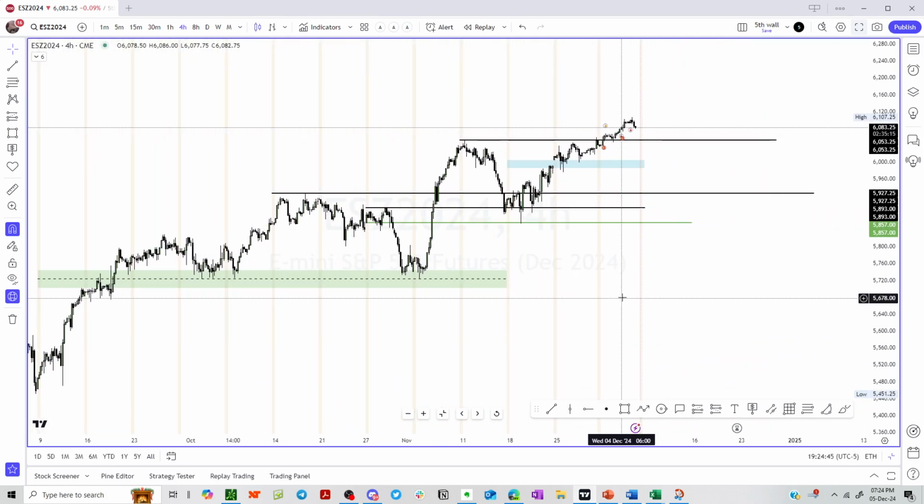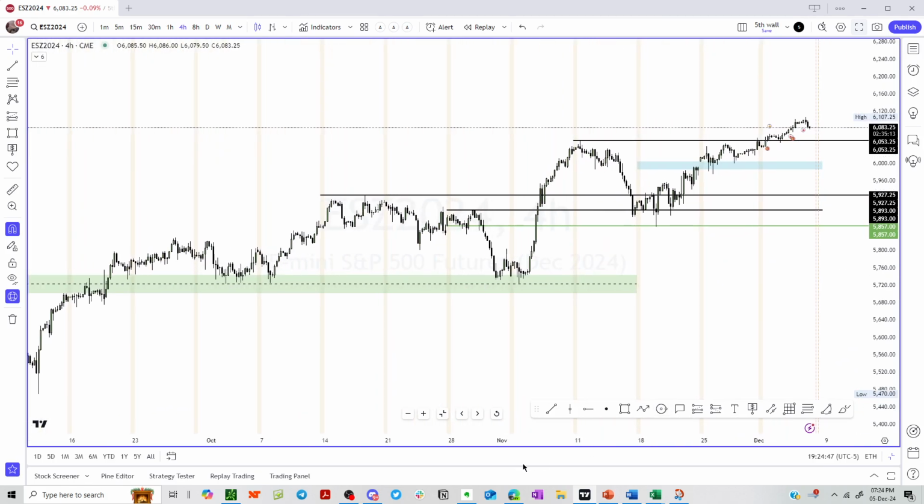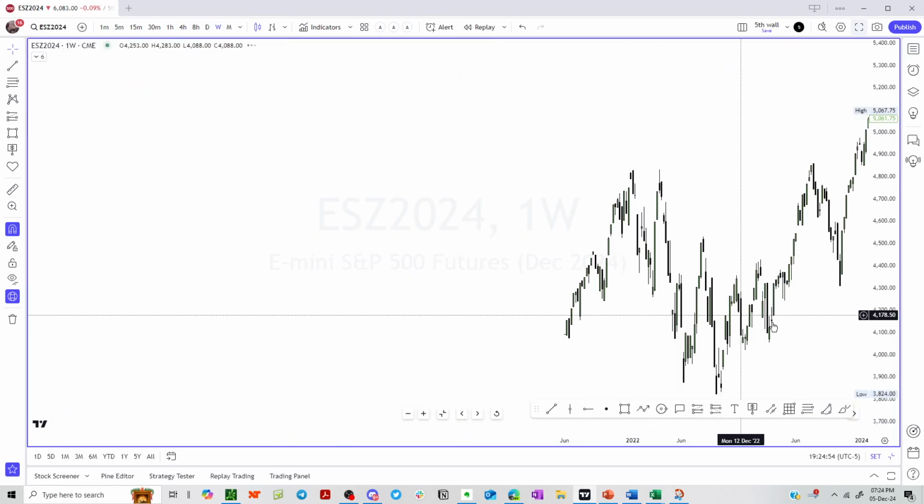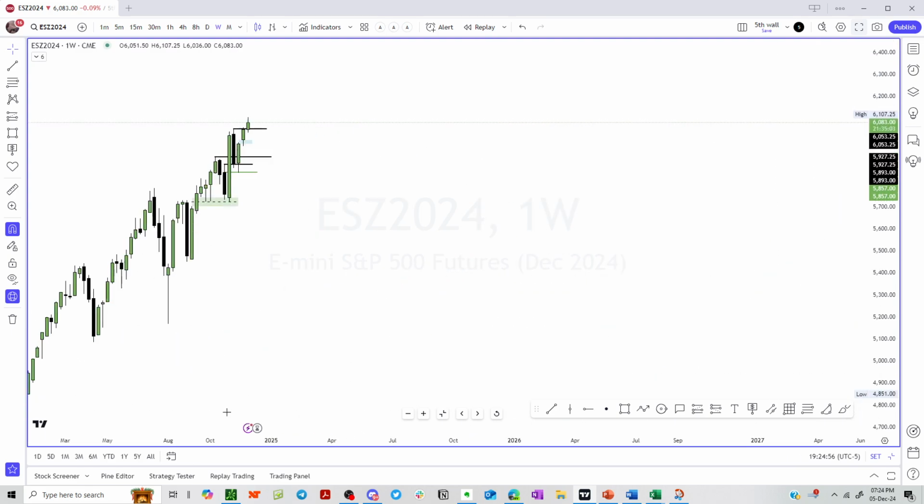So we kind of saw this on, like, it's a big imbalance on this time frame here, and it's holding above the midway point, consequent encroachment, right?